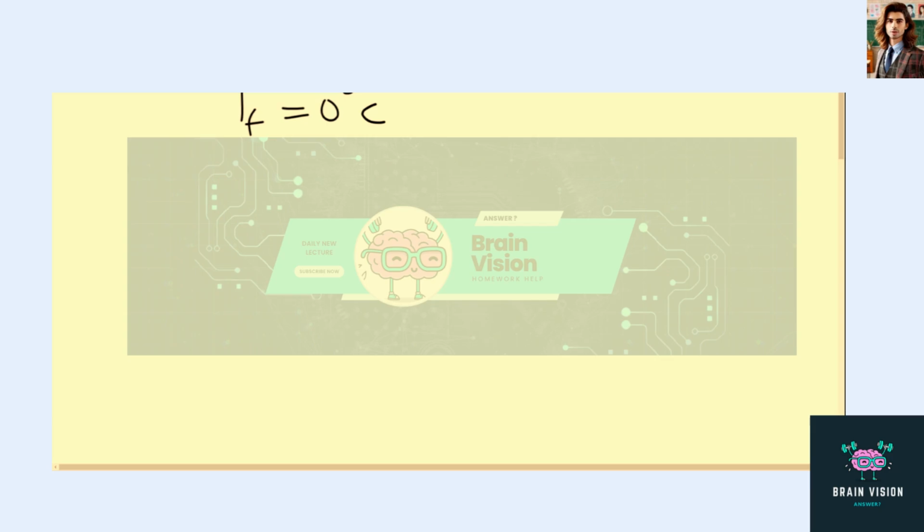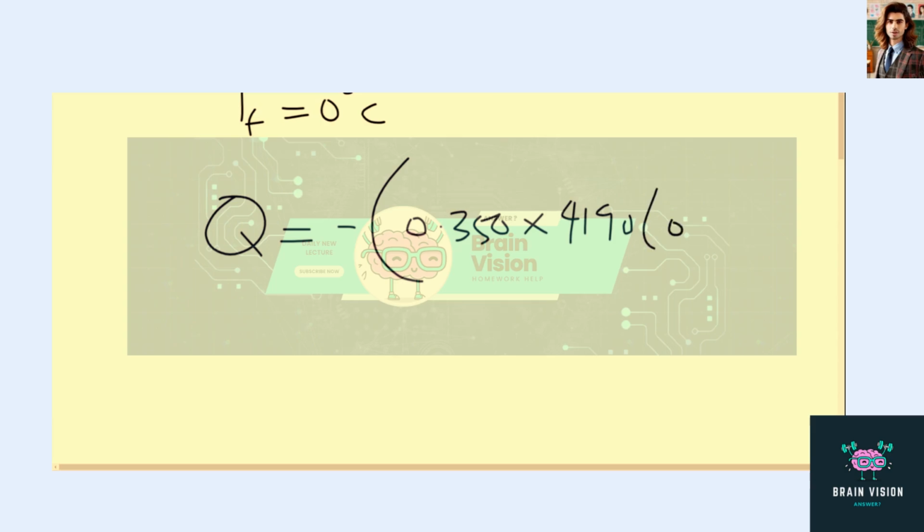So the negative indicates heat loss. We can put the negative aside and still work with our values. So we'll say Q is equal to negative into bracket 0.350 multiplied by 4190 into bracket 0 minus 18, plus 0.350 multiplied by the latent heat of fusion.